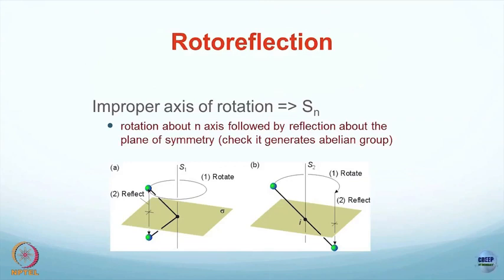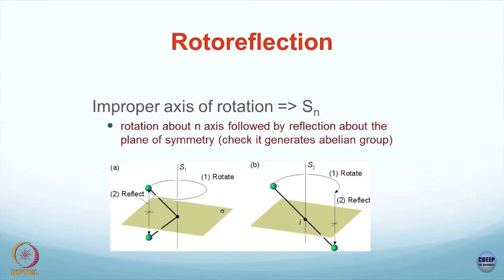Just to say a few lines about rotoreflection. The symbol is S subscript n. What it means is that you rotate about an n-fold axis, that means you do a 2 pi by n rotation, followed by a reflection about the plane of symmetry.